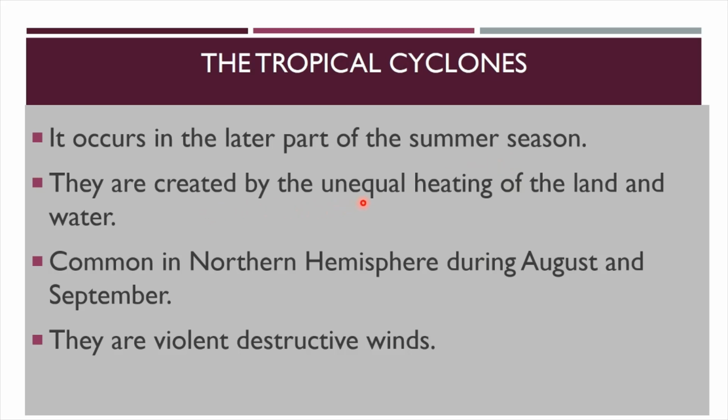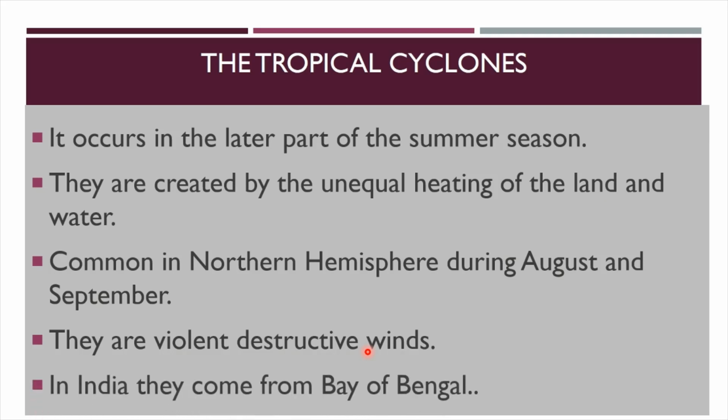They are created by unequal heating of land and water, common in the northern hemisphere during August and September. They are violent and destructive winds. In India, they come from the Bay of Bengal. In India also, sometimes it occurs during the late part of the summer season.